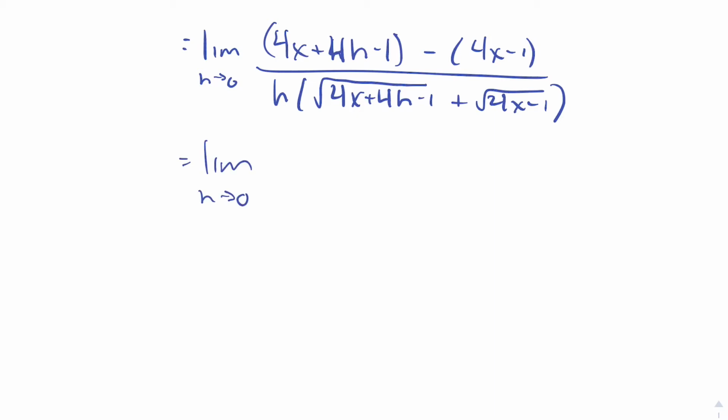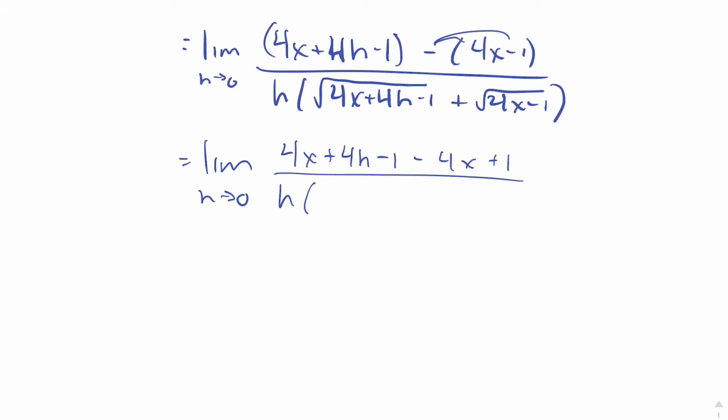I continue writing the limit as h goes to 0, and I see that these parentheses were ultimately unnecessary, so I can drop them. But remembering I have this negative, I want to distribute: 4x plus 4h minus 1 plus 4x minus 1.